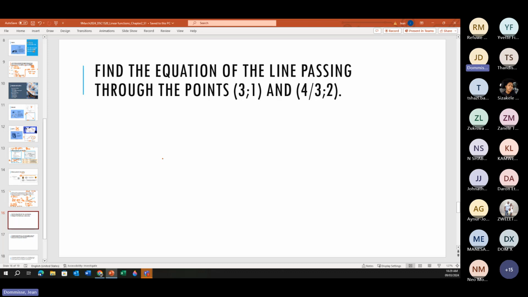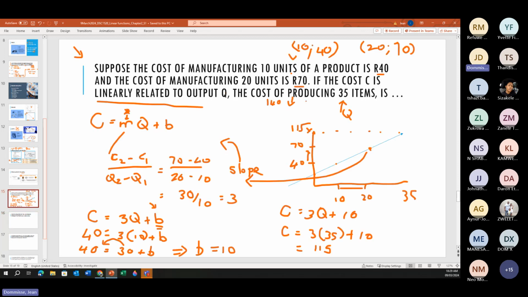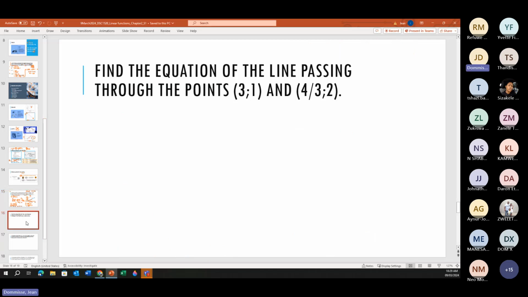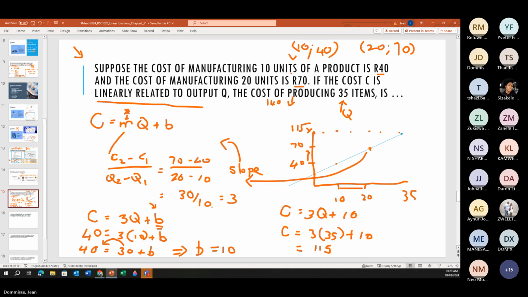very similar to the previous question is: find the equation of a line passing through the points. So look at this one and look at the second one. We're going to do exactly the same. The one they phrased as a problem for you in demand, supply.